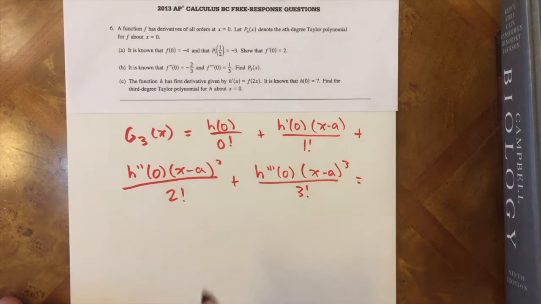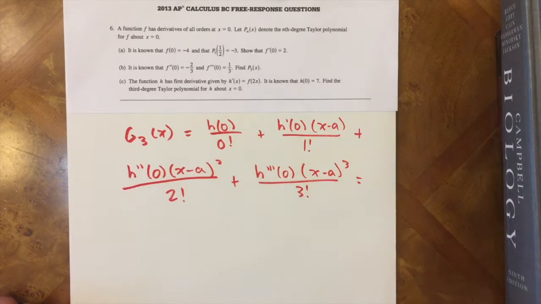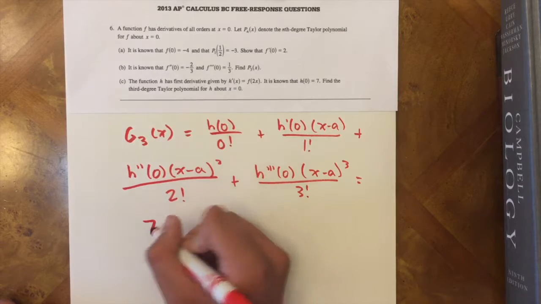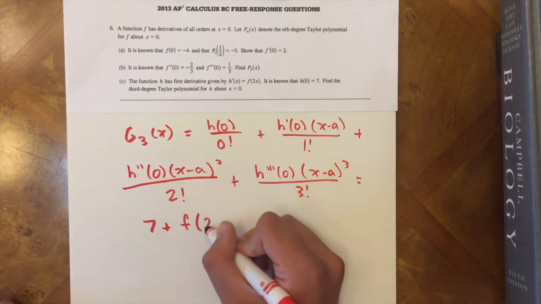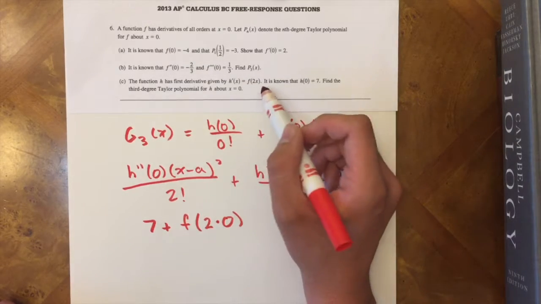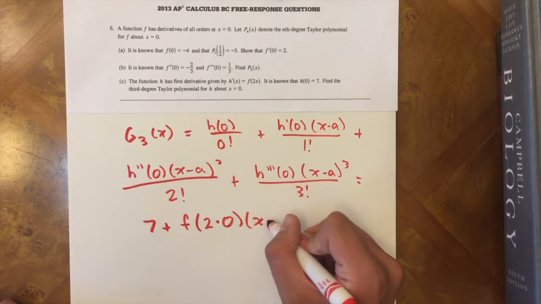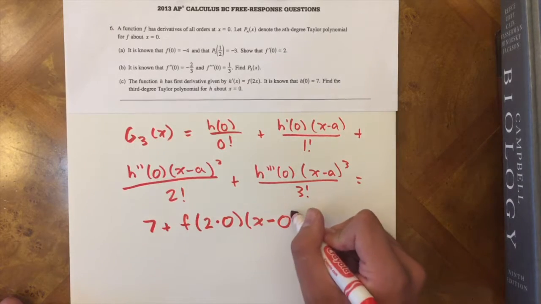So what we get is h of 0 we know is 7. 7 divided by 0 factorial by definition is still 7. So we're going to get 7 plus f of 2 times 0, since it's the definition of h prime of x, which is right here, multiplied by x minus a, which is, we're still centered around 0, so it's still going to be 0.